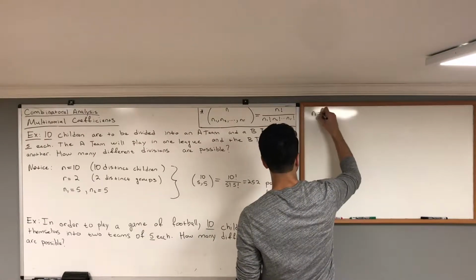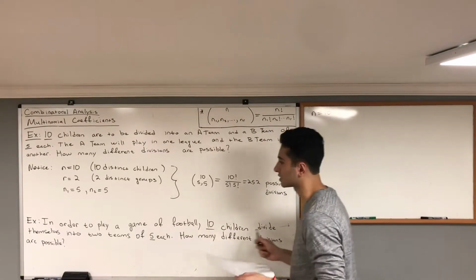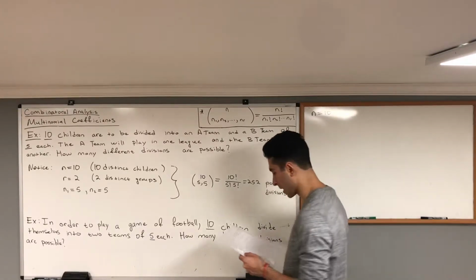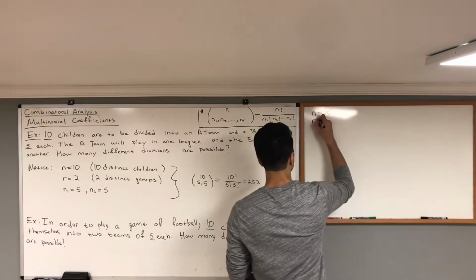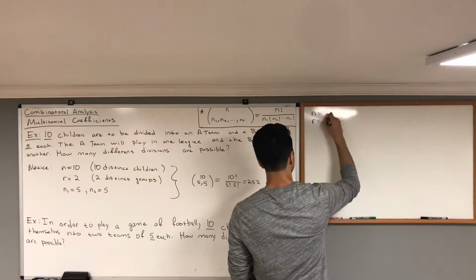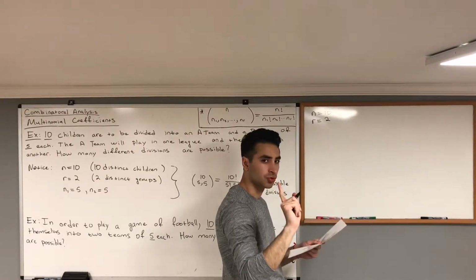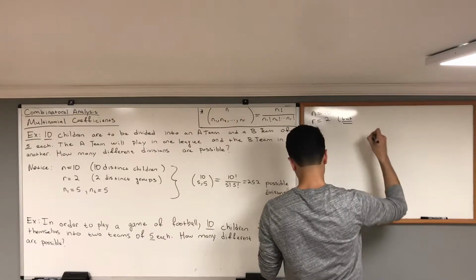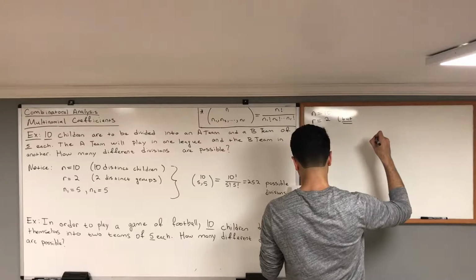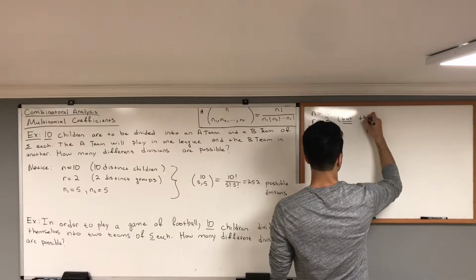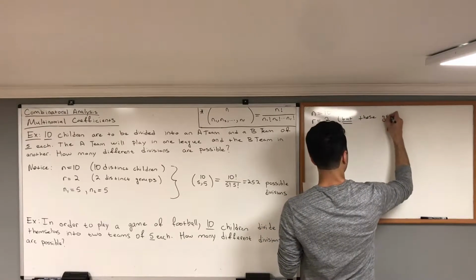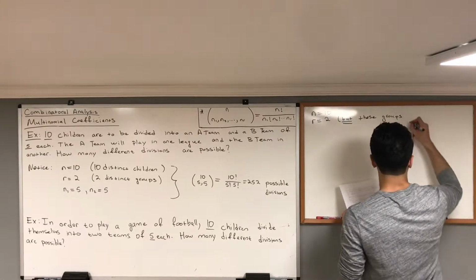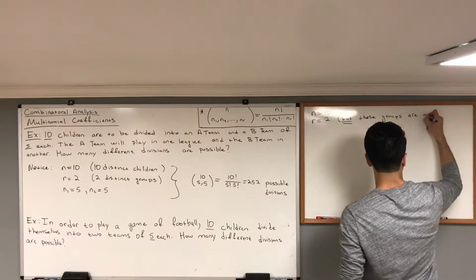Well, our n is actually still 10. That stays the same because we still have 10 distinct children. R is the total number of distinct groups. We have 2 groups, but these groups are no longer distinct.